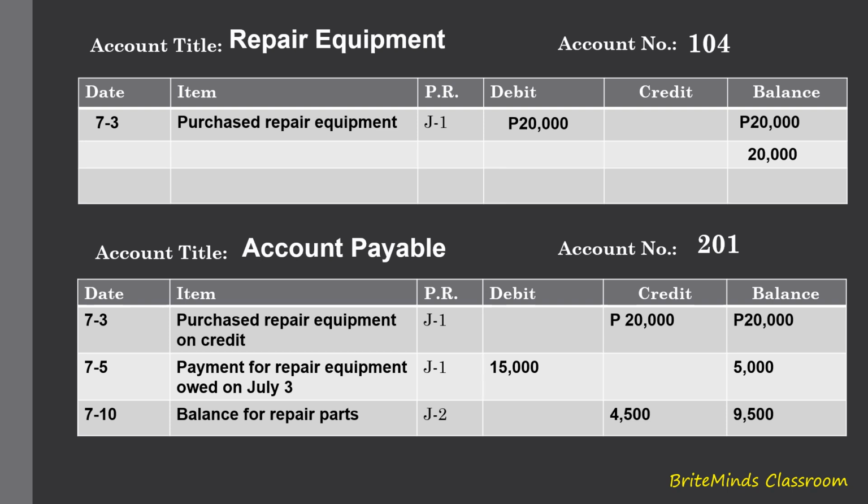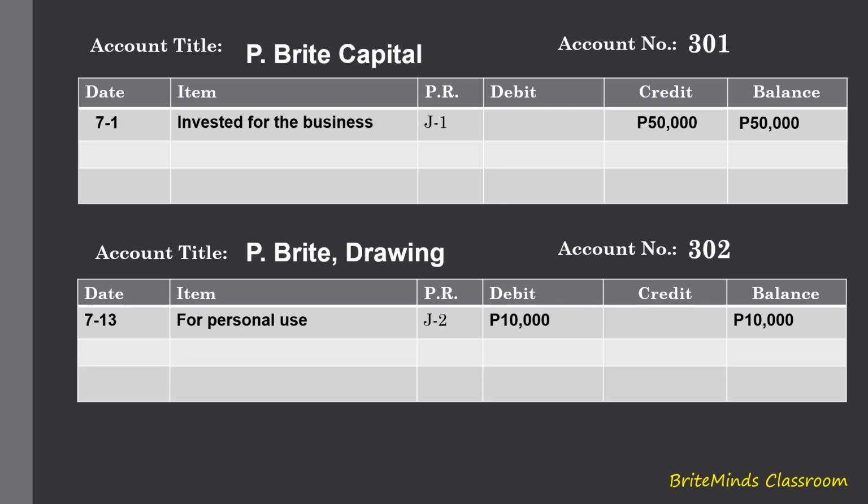For the accounts payable, we assign the account number 201. And then for the capital of Paul Bright, we assigned the account number 301. And for his drawing, we assigned the account number 302.